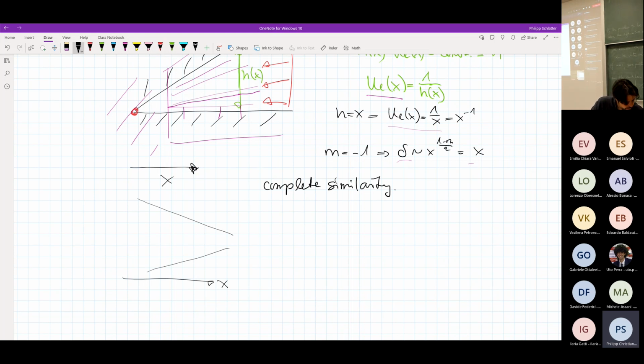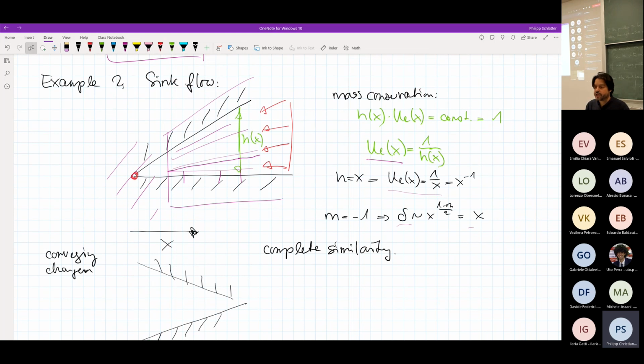Yeah, exactly. Something like this. Okay, so it's good that you mentioned that, because this is another example which can be used, something that's called the converging channel. It's not the sink flow, but it's a converging channel.